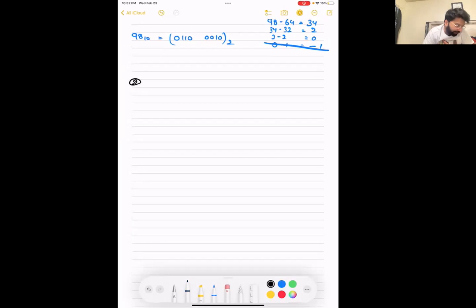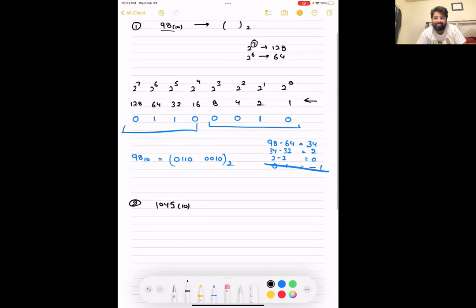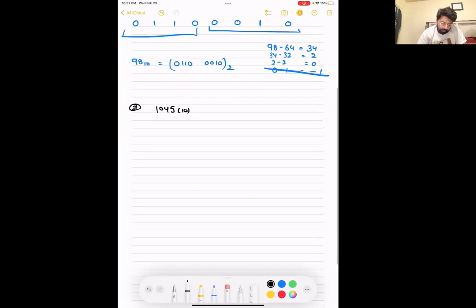Second one. We have 1045 in decimal. We have to convert that into binary. So we know 2 to the power of 7 is 128, which is way smaller than 1045. Let's assume 2 to the power of 10.